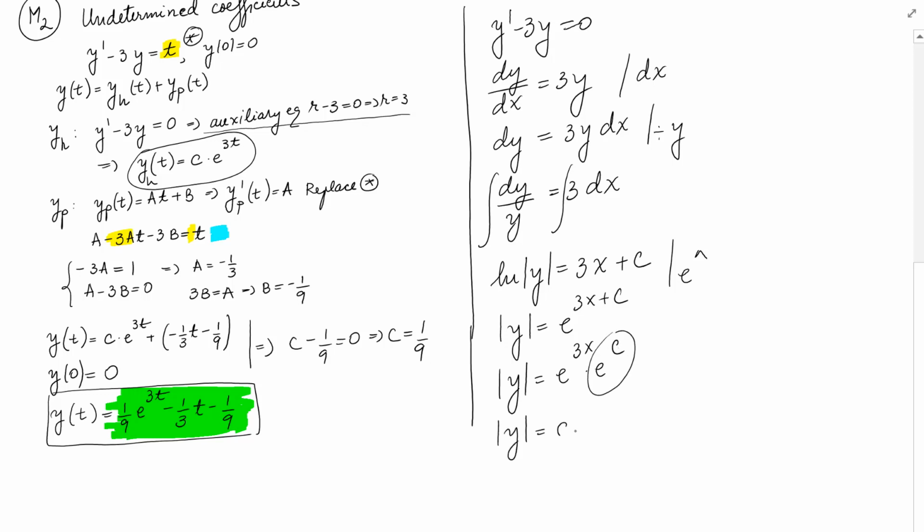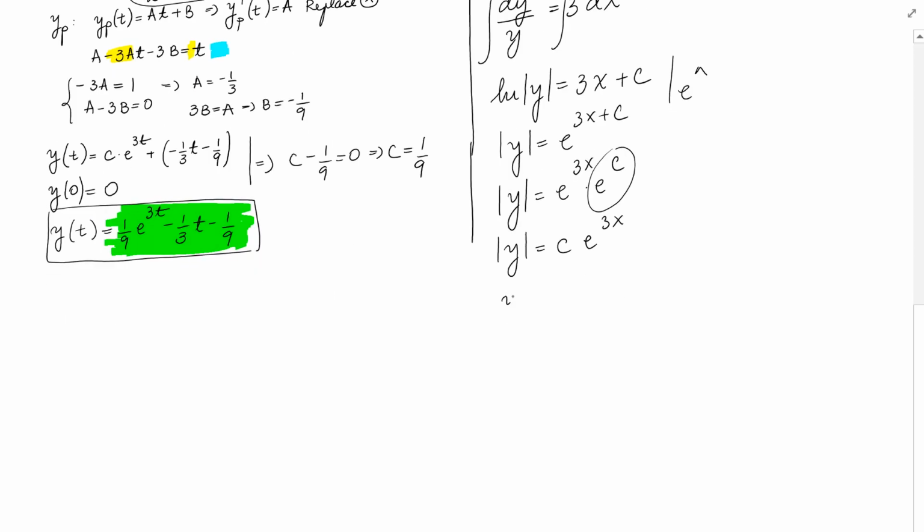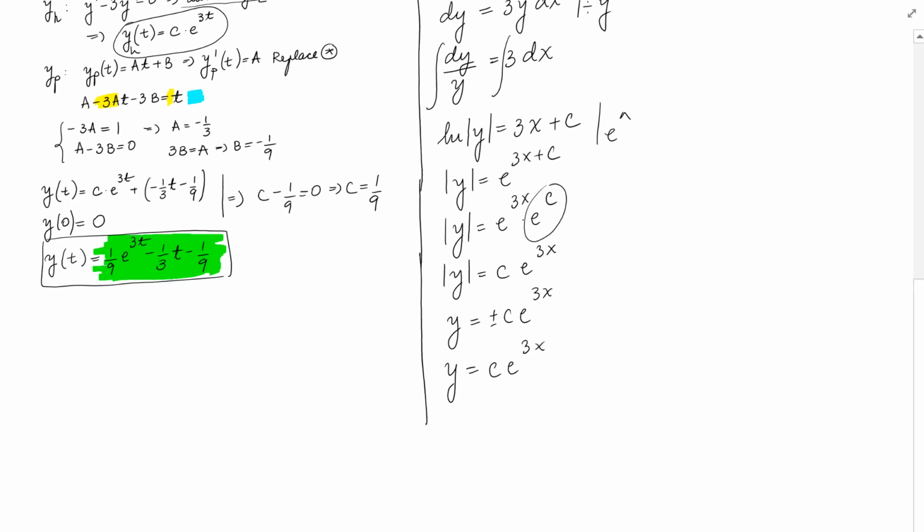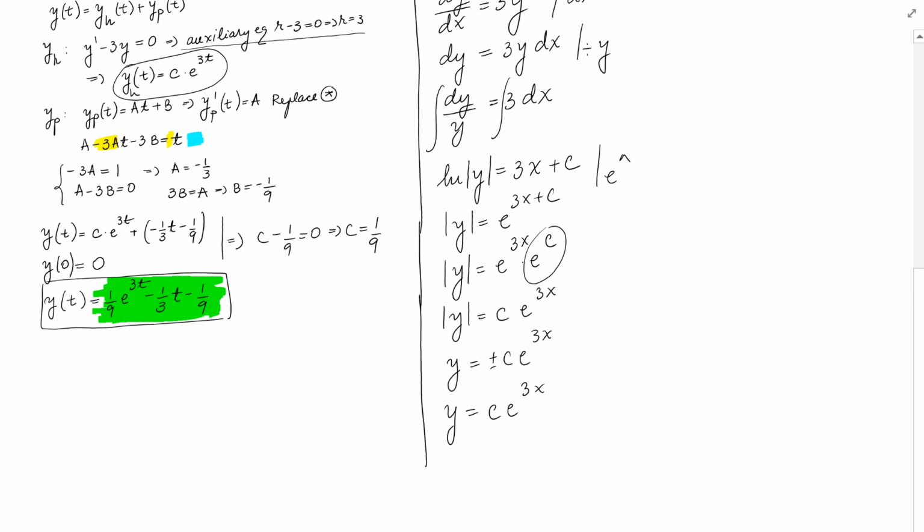So I'm going to write it again, c e to 3x, or absolute value of y can be written y equals plus minus c e to 3x, so y is equal to c e to 3x. And we got the same thing, but I think doing the auxiliary equation is much faster.